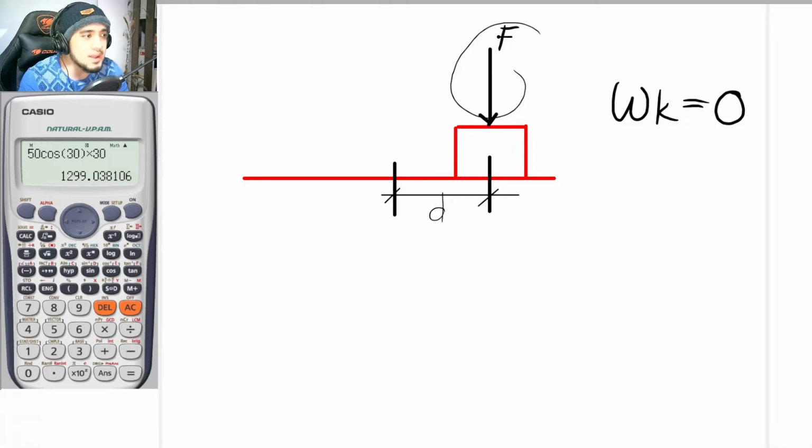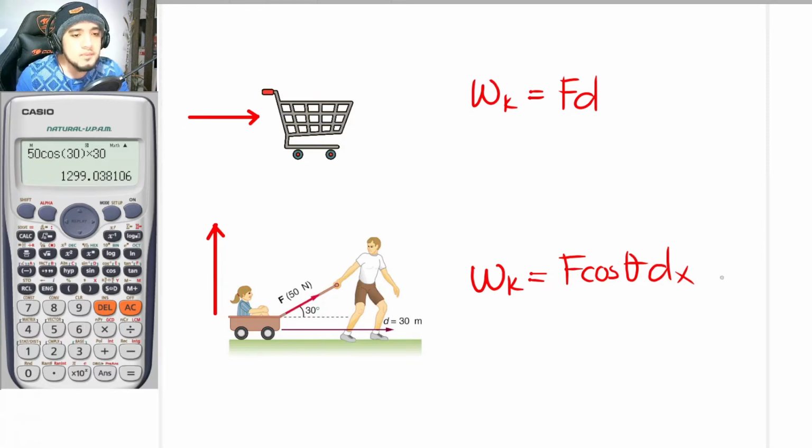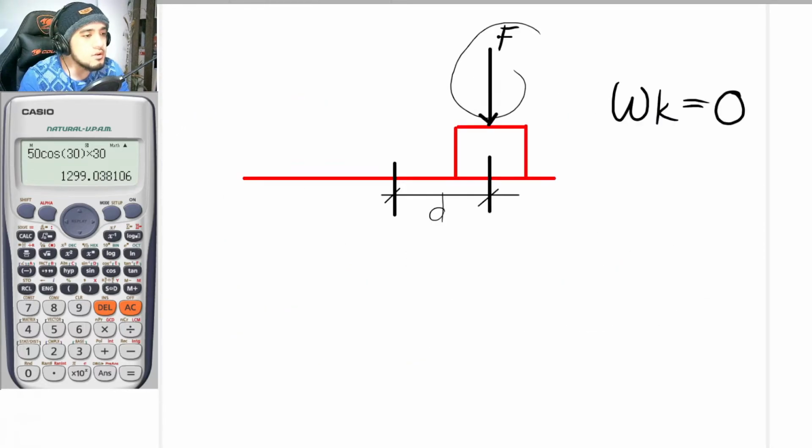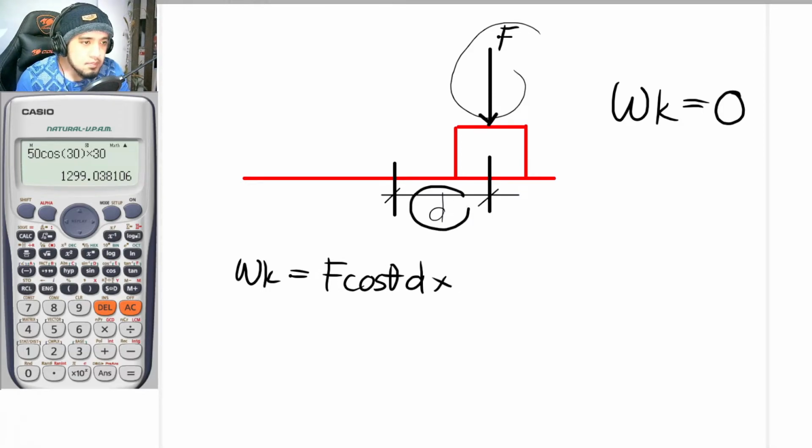To prove it mathematically, if we use this particular equation, work is equal to force cosine theta times dx. Our displacement here is horizontal, thus dx. For example, this is your force F, and your angle is measured from the horizontal, and if it is perpendicular, that is now 90 degrees.